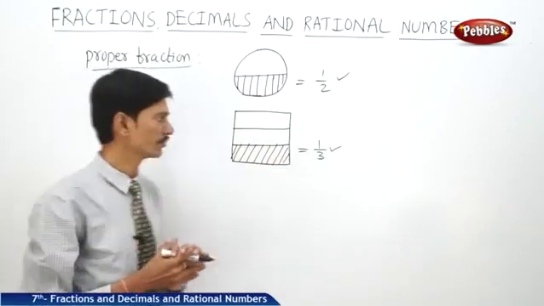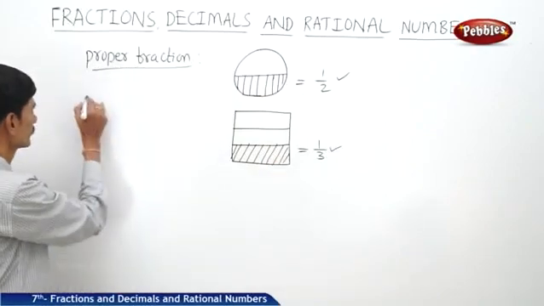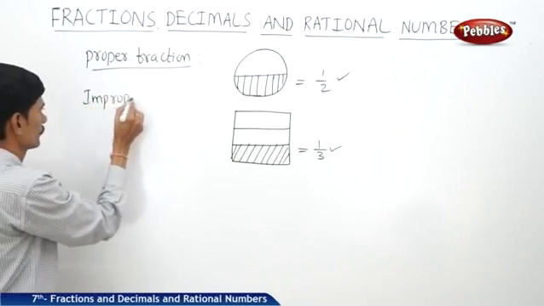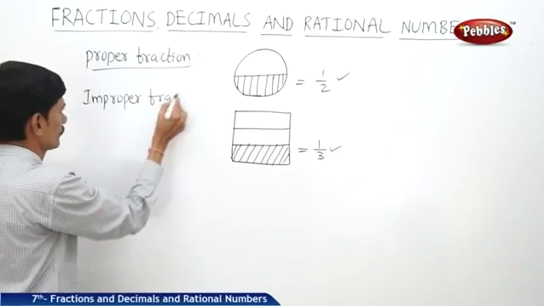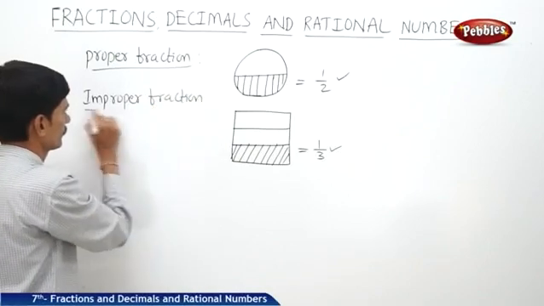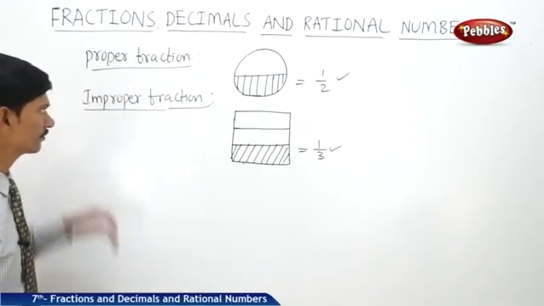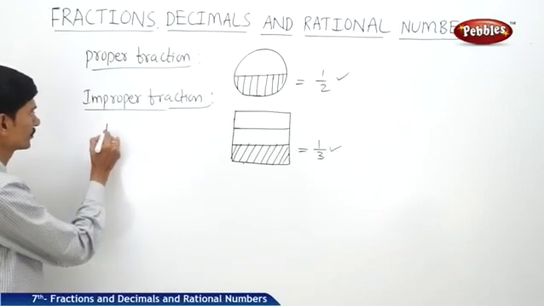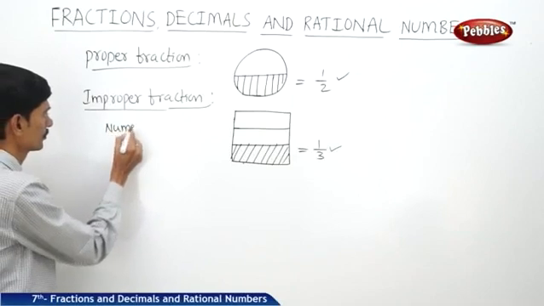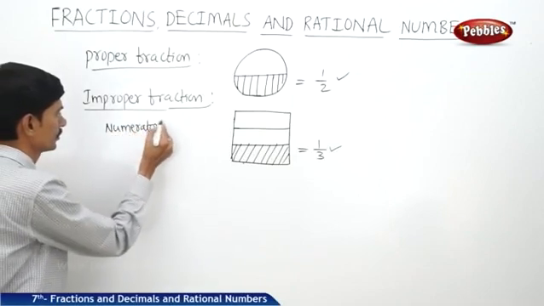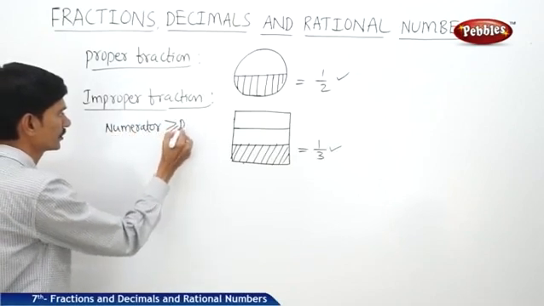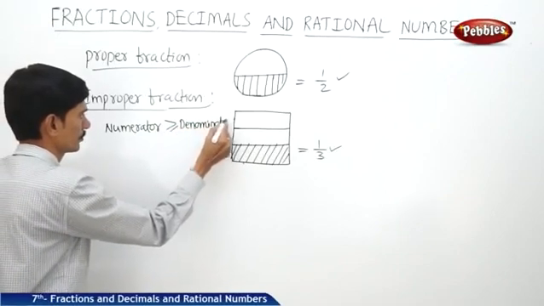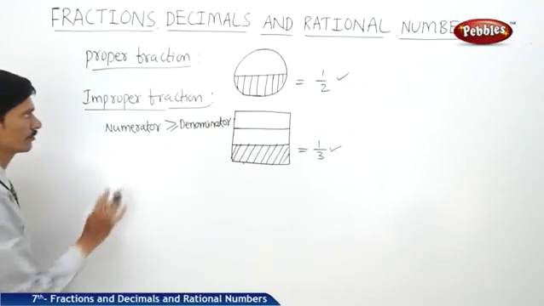Now what is improper fraction? So improper fraction means if the numerator is greater than or equals to denominator, then the fraction is said to be improper fraction.